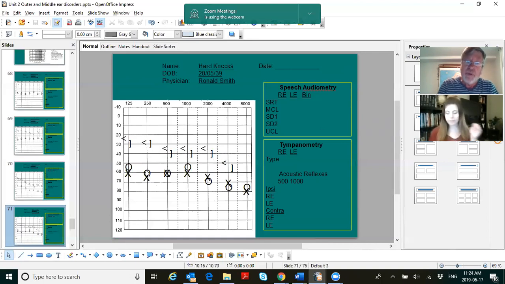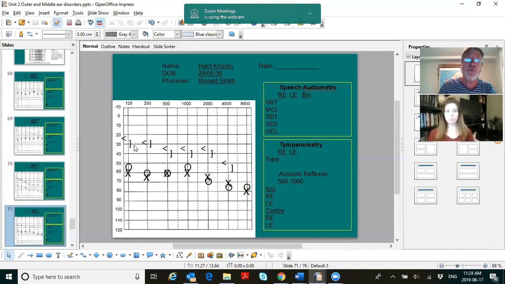And then when you're putting sound through a headphone, it's even worse. So this is what you call a mixed hearing loss. The person has hearing loss partly due to inner ear pathology and partly due to middle ear pathology. A mixed hearing loss. You call this an air bone gap, right where I'm circling here.